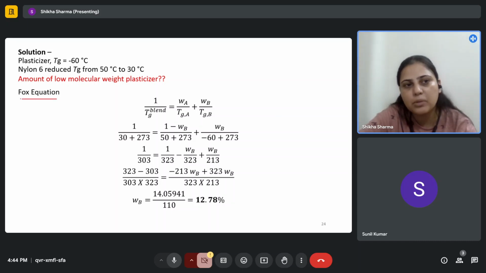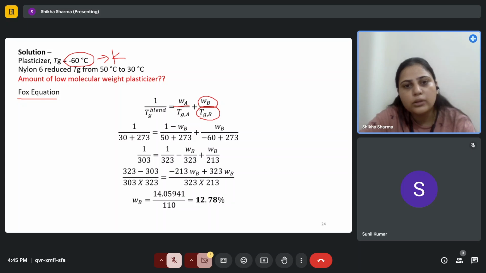Again, we will apply the same equation, which is the Fox equation: 1 upon glass transition of the blend temperature is equal to weight fraction of the A component divided by the glass transition temperature of the A component plus weight fraction of the B component divided by the glass transition temperature of B component. Here everything is given in degree Celsius, so we need to convert into the Kelvin, right?